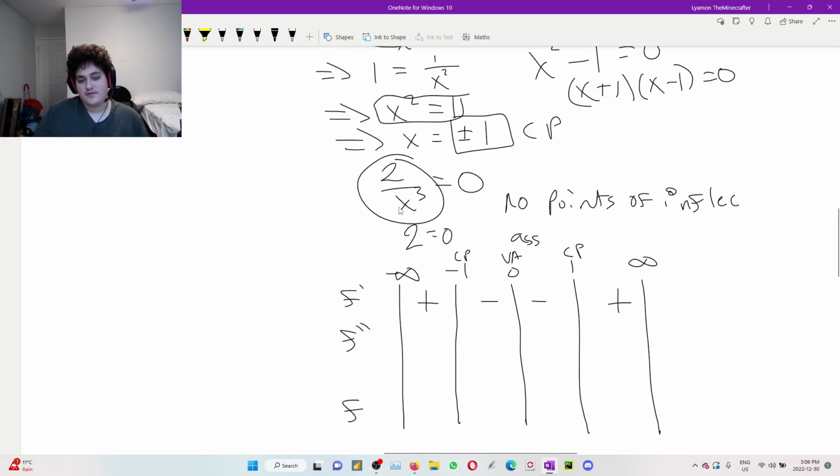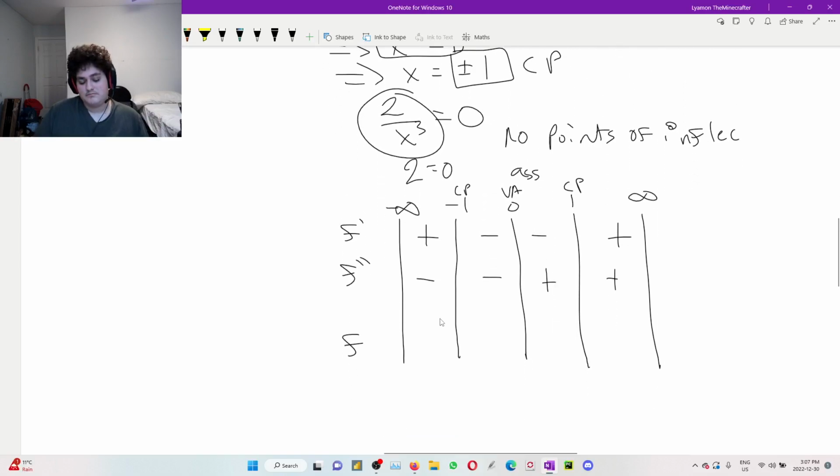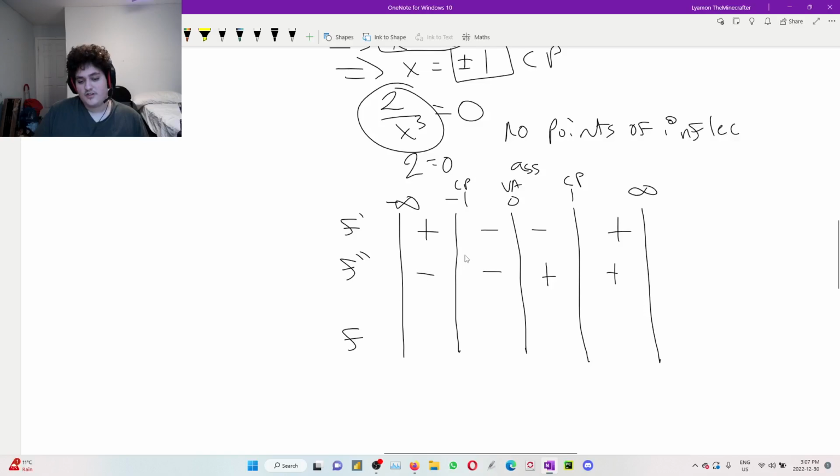For a second derivative, it's pretty simple. It's just going to be like this, which does make sense. For an odd function, if it's concave up on one side, then when you rotate it, it should be the opposite on the other side.